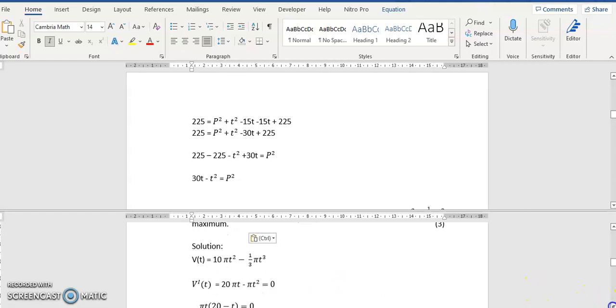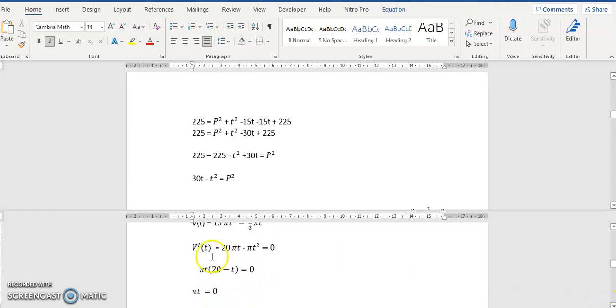If you make it equal to 0, we can factorize this out. So it means pi t is equal to 0, and 20 minus t is also equal to 0. So it means t is equal to 0. When you make t the subject, you are going to get t is equal to 20.